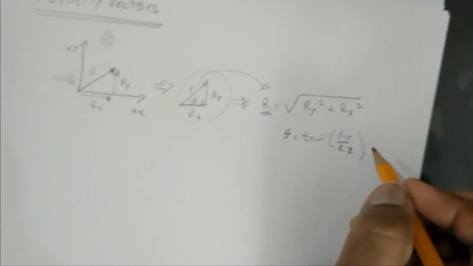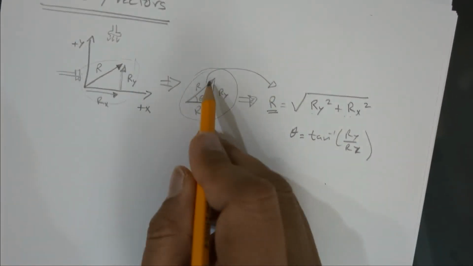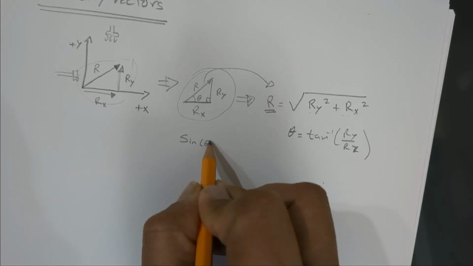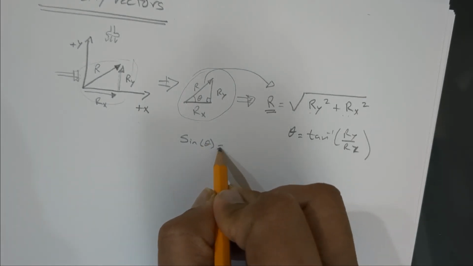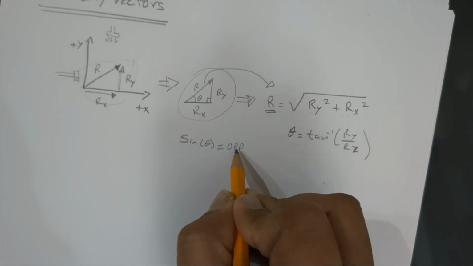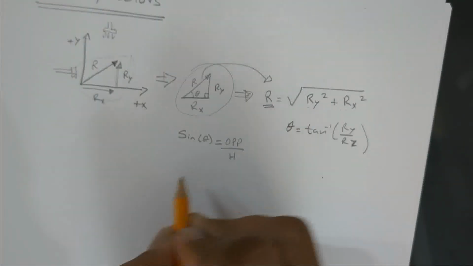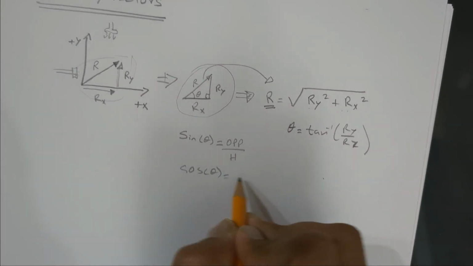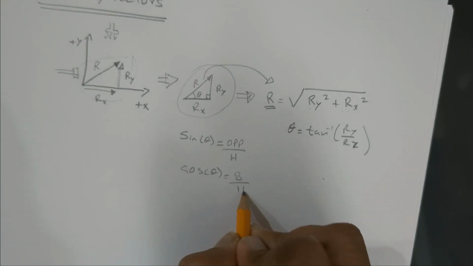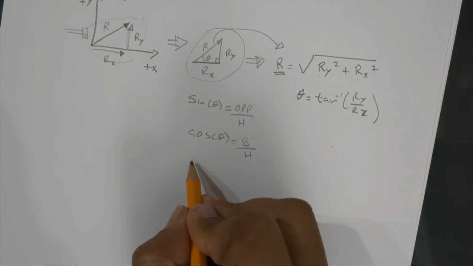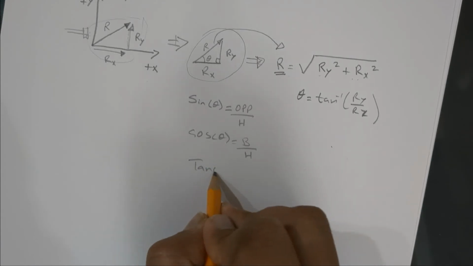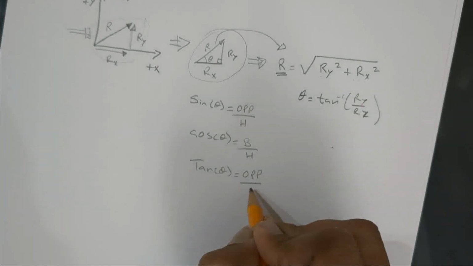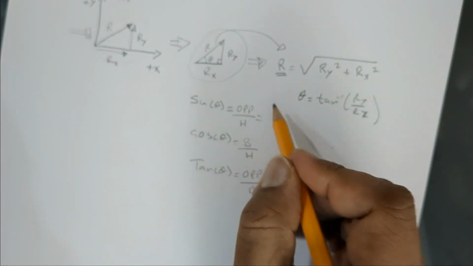And if you remember, when you have the triangle, you can use sine theta, that's equal to opposite over the hypotenuse, right? And then cosine theta is actually base over hypotenuse. And then the last one is tan theta, that's equal to opposite over the base.